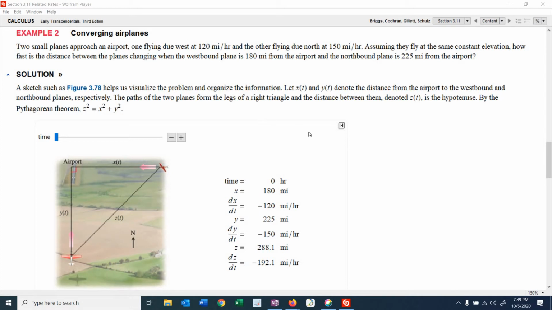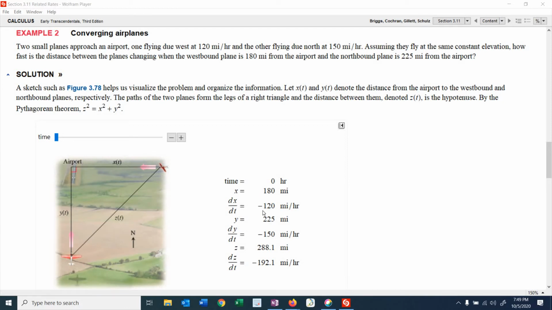Okay, so the next thing we're going to do is look at all the rates of change that are given, and the ones we're trying to find. So we're told that the westbound plane is traveling at 120 miles an hour, which is a rate of change. In fact, it's the rate of change in x over time.